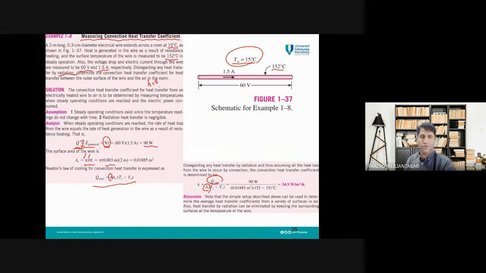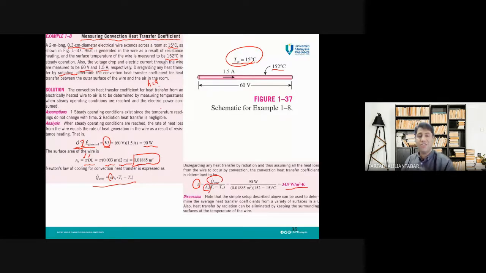So convert the diameter to meters, and 2 meters is the length. Finally, we can calculate AS as the surface area for the convection heat transfer. Now we have AS, Q dot convection we have calculated, and Ts and T infinity, we have all of them. If we put them in this equation, we can calculate H, which is equal to 34.9 watt per meter square Kelvin.